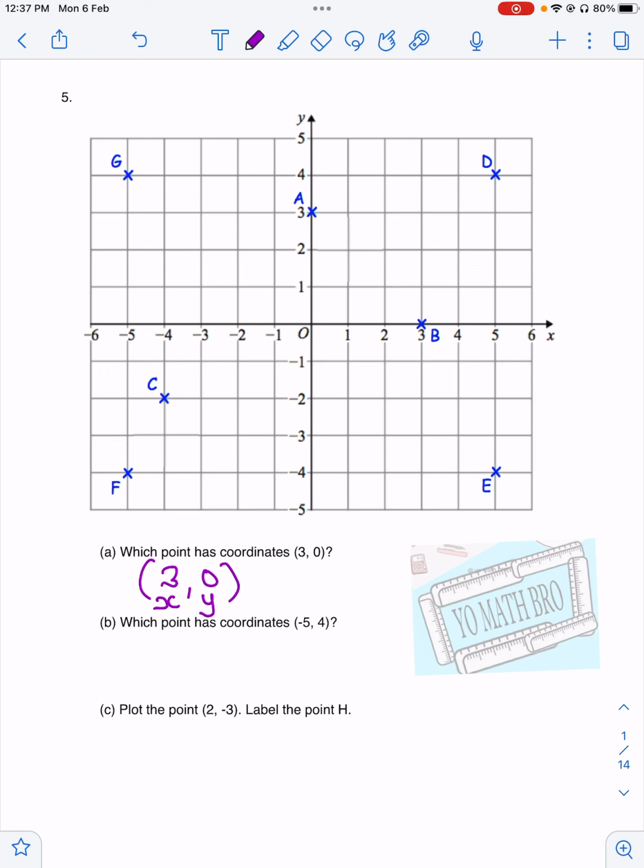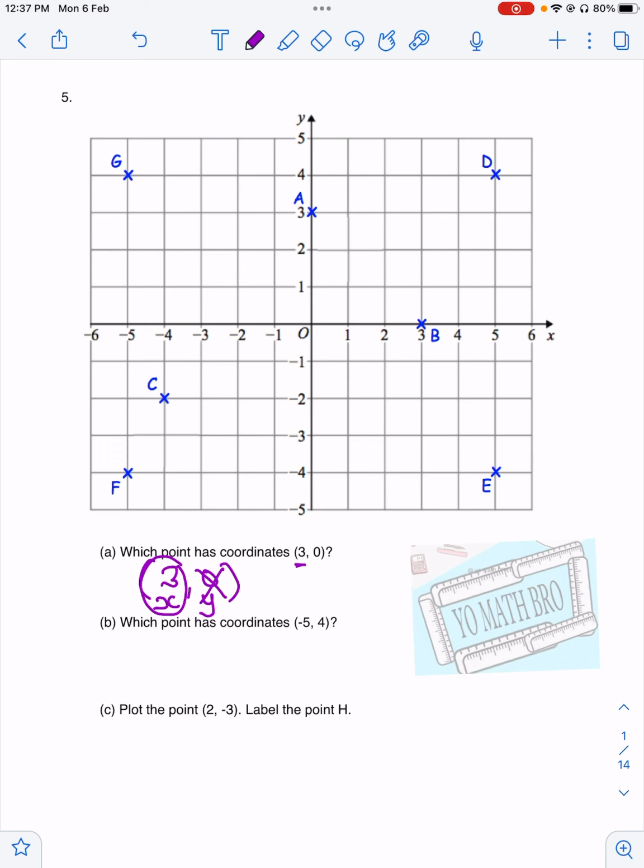So the first point to remember is that the first number is always the x coordinate and the second number is always the y coordinate. As here the y coordinate is 0, that means the point lies on the x-axis.